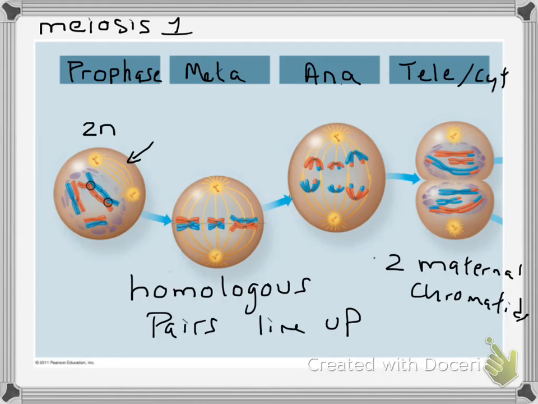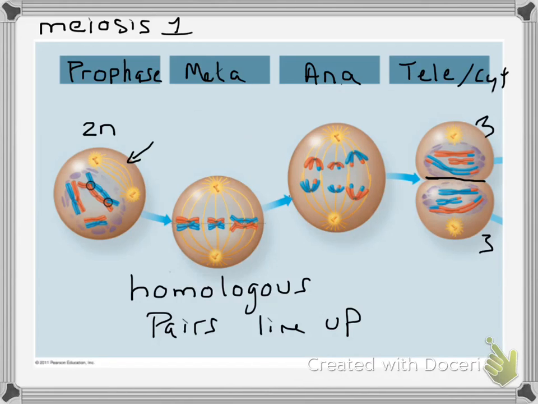So now what we've done is we have separated out the homologs. We'll notice then in telophase and cytokinesis, where we're going to split these two cells, if we think of this as having a division here, we have 3 chromosomes here and 3 chromosomes here.